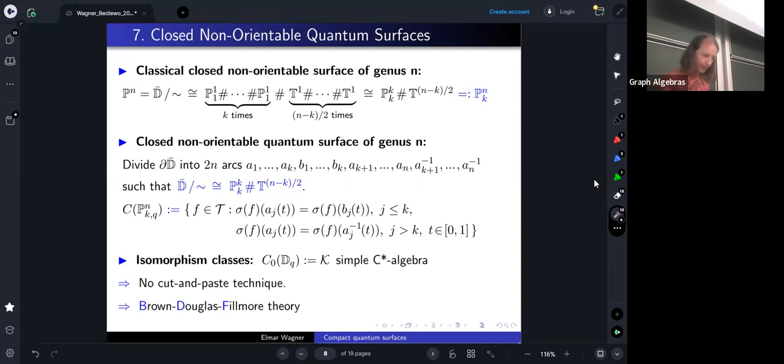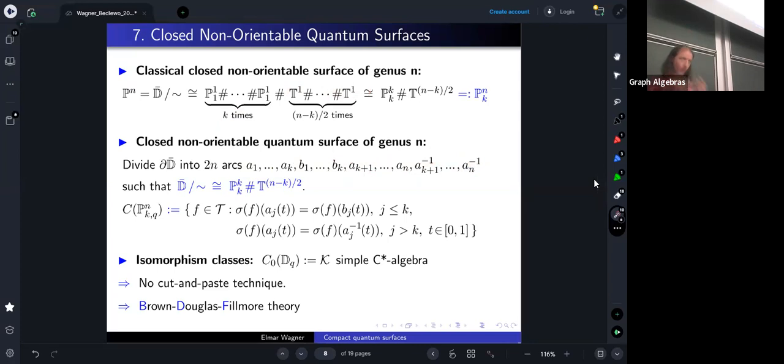So we take two arcs on the surface. The first one corresponds to some projective space, so the K connected sum. If we shrink those that correspond to the torus, this will give the connected sum of K projective spaces. If we shrink the first ones, the last ones give us the connected sum of tori.